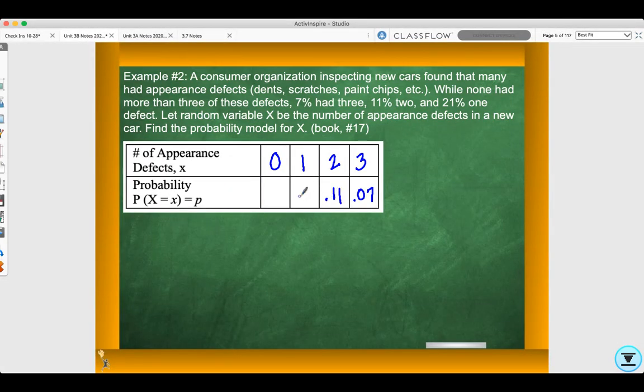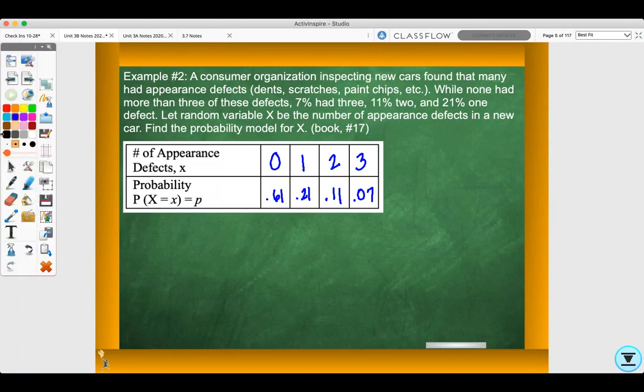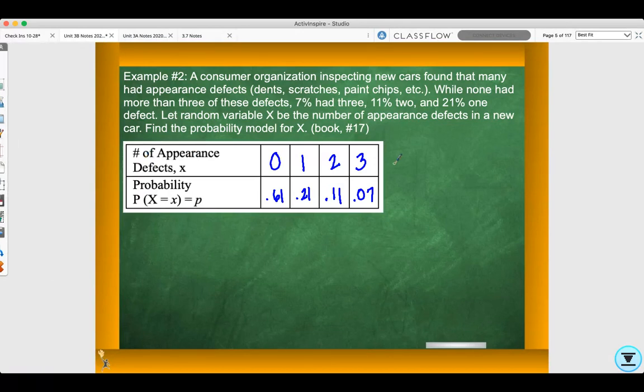The probability that there is 1 defect is 0.21. And then 0 defects would be 1 minus that, which is 0.61. This is your probability model. So when they ask for a probability model, you make a table of what they're looking at and the probability of those.